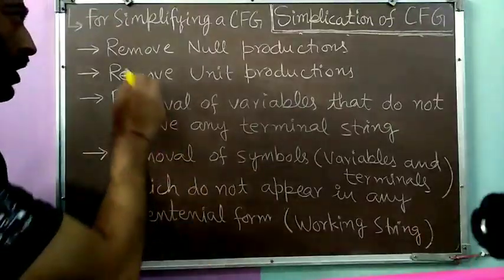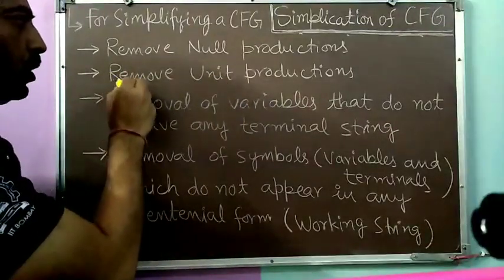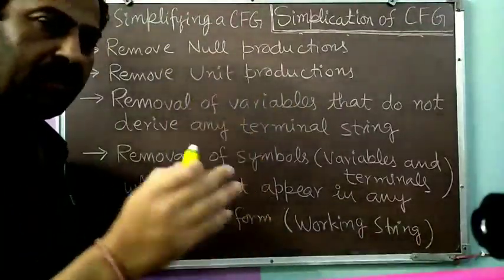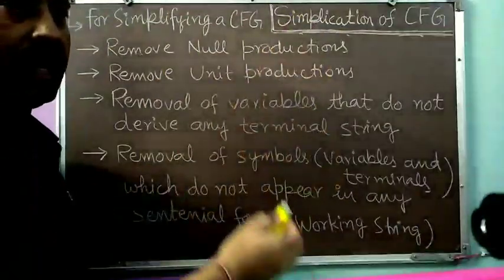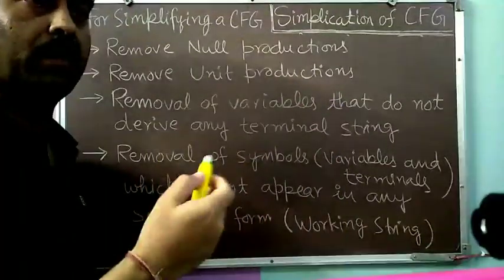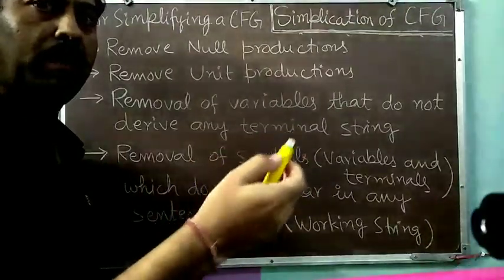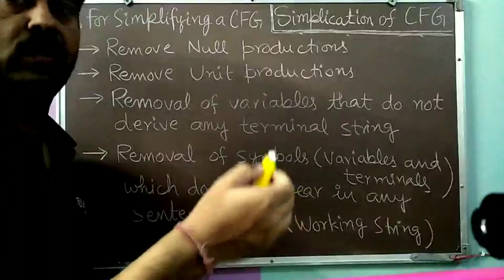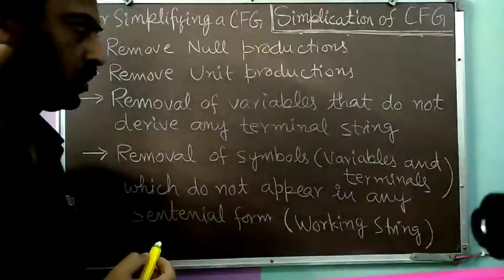And then as a second step, we should perform the removal of unit productions. Why? Because when we remove unit productions, we have seen that it may make some of the variables useless. Some of the variables will never be reachable, or there may be some symbols which do not derive a terminal string.